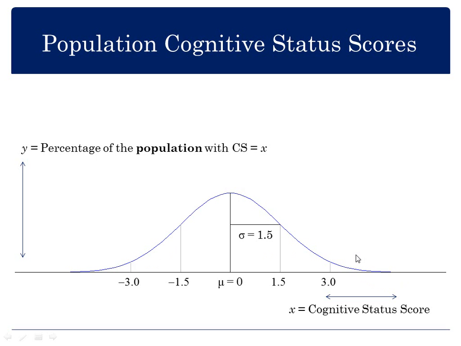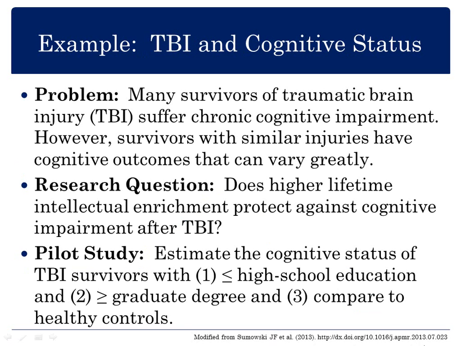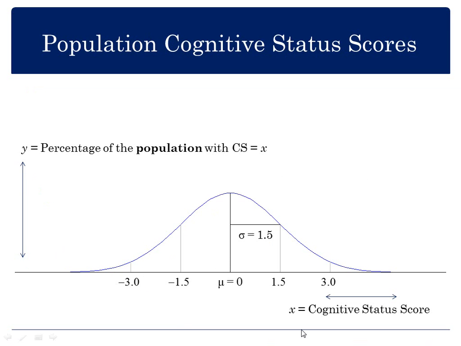So on this figure, what I'm describing is the population, the general population. The x-axis is that score, our outcome measurement. If you're interested in more details about that, you can reference this paper. For those of you who study TBI, you may already know much more about this score than I do. The y-axis represents the relative likelihood of someone in this population having that value.